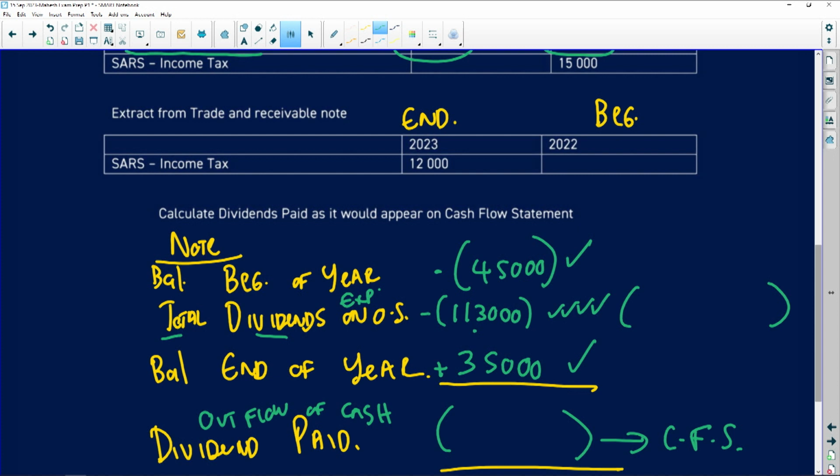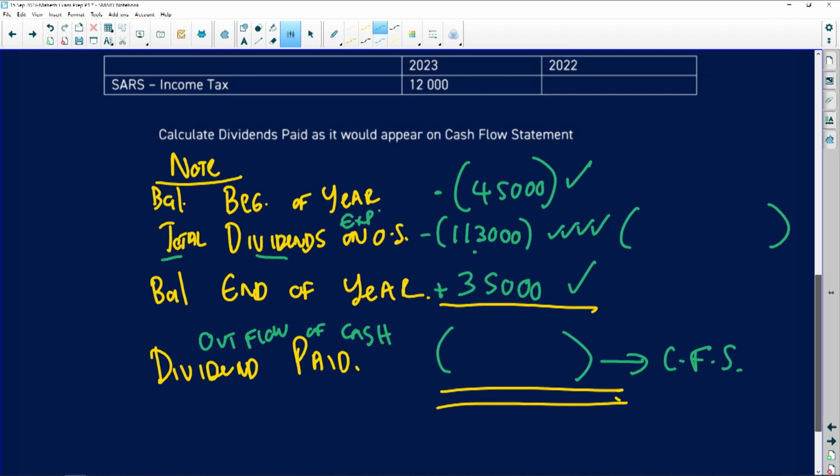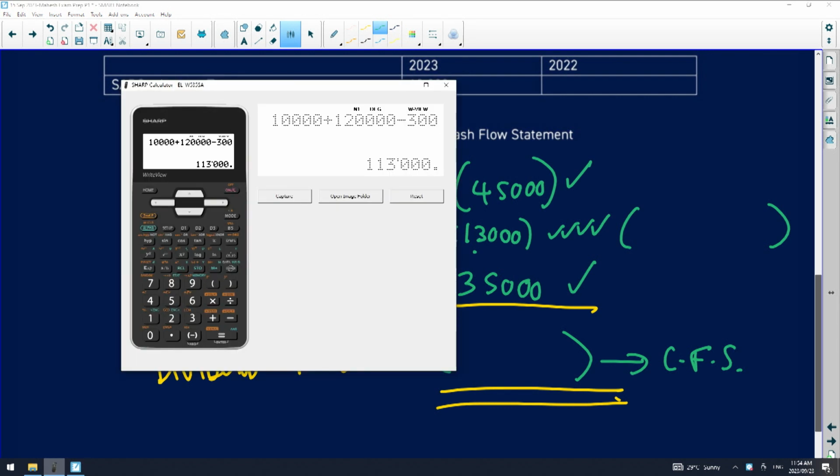Like I said, you could either do the T account, or as you're using this information, just make sure that your signs are right: that would be plus, that would be plus, that would be minus, that would be minus, or if you show them the other way around, just make sure that you are consistent.